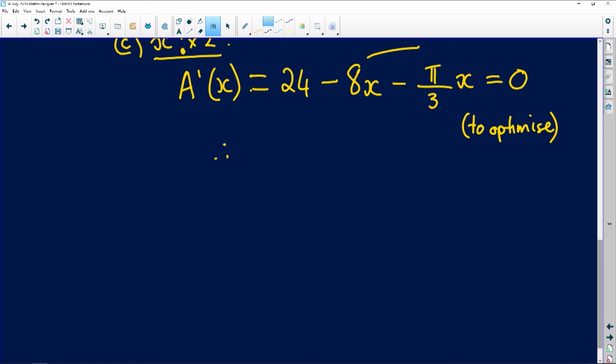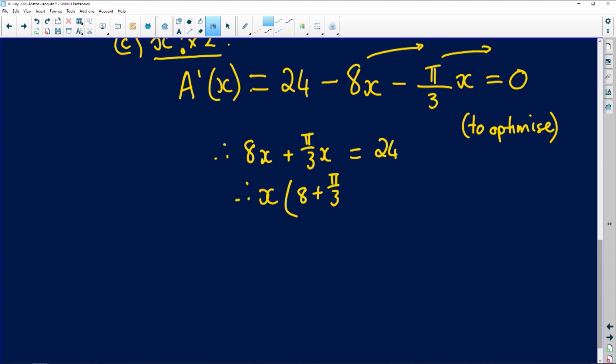So this goes to the one side. So I end up with 8x plus pi over 3x, which is equal to this 24. So what is x? I remove it as a common factor. I have 8 plus pi over 3, which is then equal to the 24. So what is x?